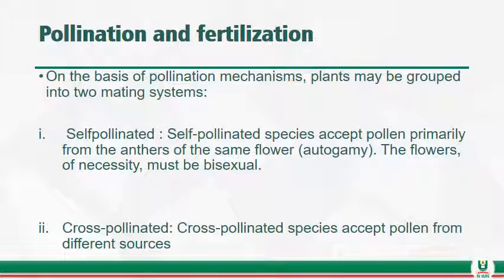So that is cross pollination, accepting pollen from different sources. That is how you see all manner of variation everywhere. So those are the types of pollination mechanisms based on the mating systems.